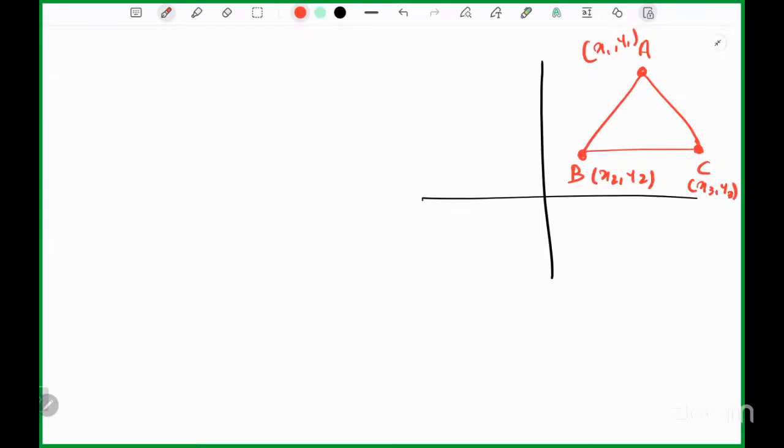So suppose you have a triangle in which you know every vertex's coordinates, then you can apply this formula to find the area of the triangle. The area of triangle ABC is equal to 1 by 2 modulus of, and here you can remember the cycle: first x1, plus x2, plus x3, each multiplied by something. If x1 is there, then y2 minus y3.